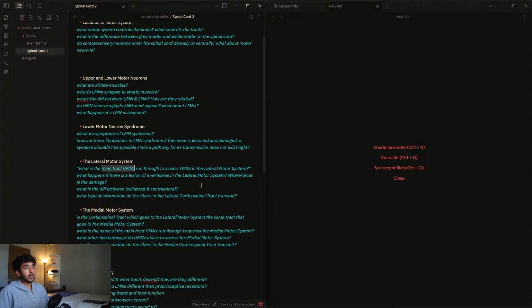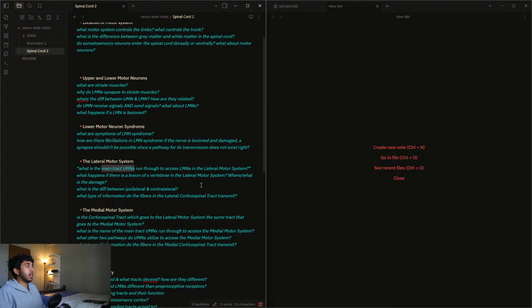The corticospinal tract is involved in voluntary movement, and the vestibulospinal tract is involved in balance.